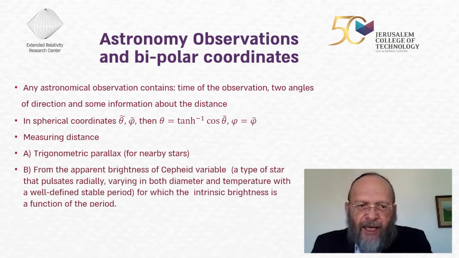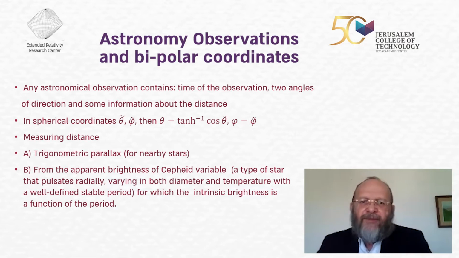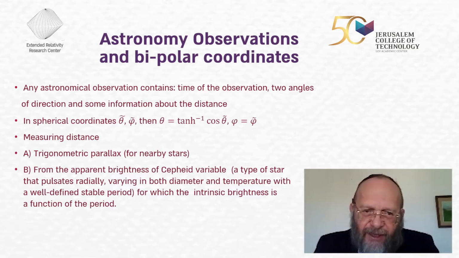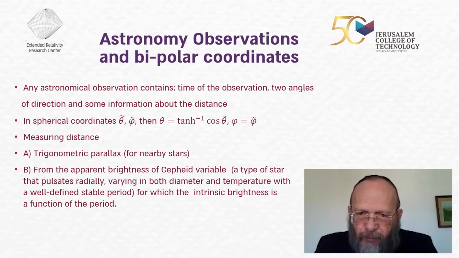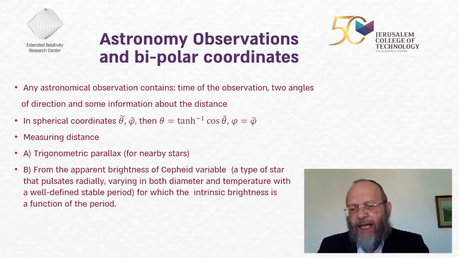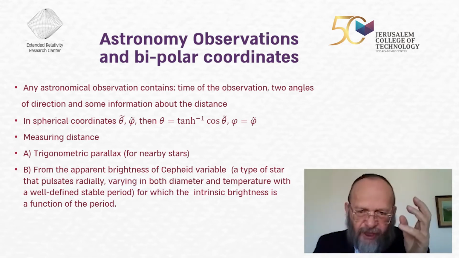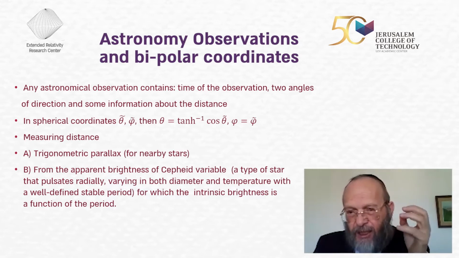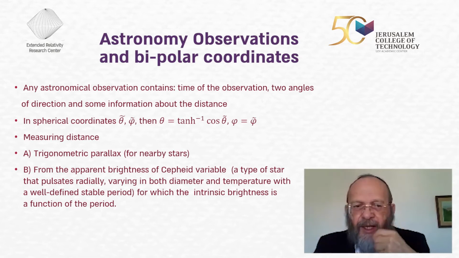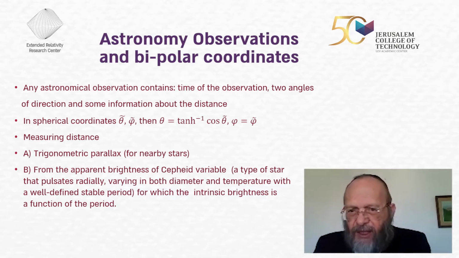And the other one is built up on observing some stars, Cepheid stars, which are types of stars that pulsate radially, varying both in diameter and temperature, with a well-defined stable period. You have some stars that are not permanent, they are pulsating. The pulsation is easy to observe, and you can observe exactly the period of them. And then it was found that the intrinsic brightness is a function of the period.